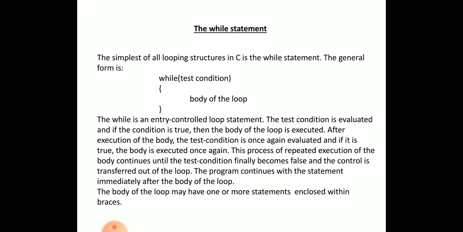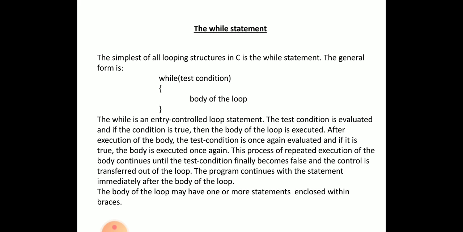For example, suppose we want to calculate the sum of squares of all the integers between 1 and 10. If you write the program using the if statement, the program needs to initialize a variable, say n, and then we need to compute the square of n, and then add it to the sum value.